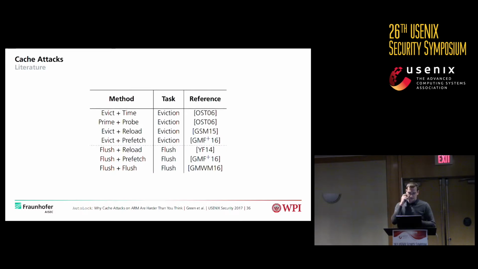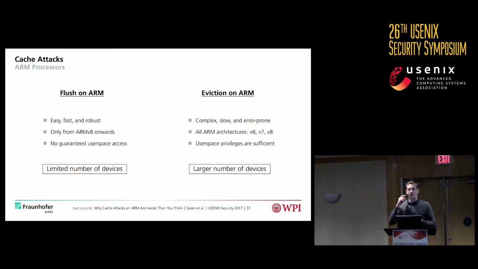So in literature, eviction-based attacks make up one side of the spectrum. The other side of the spectrum are flush-based attacks, relying on flush instructions to specifically remove data and instructions from the cache. So let's compare them on ARM real quick. On ARM, flush is still easy, fast, and robust to use.